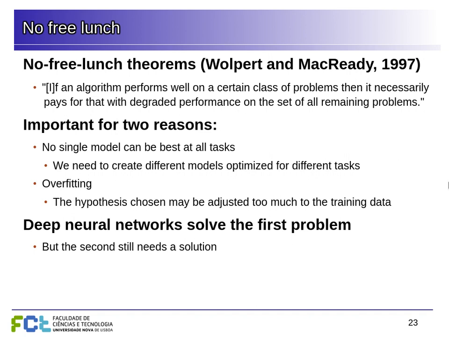So this is one of the reasons why deep learning is so important. Since no single model can be best at all tasks, we really could use a framework where we can quickly create different models adapted to different tasks. And the idea of deep learning allows us to do that.